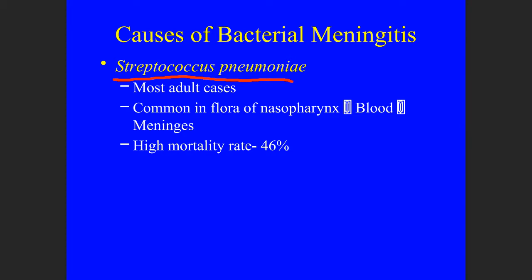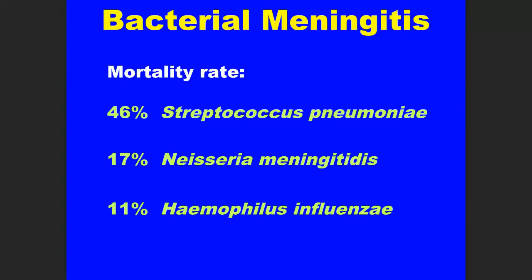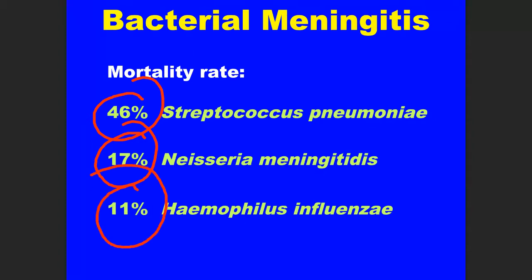And out of all of the cases of meningitis, Streptococcus pneumoniae has the highest mortality rate. This one has a mortality rate of about 46%, when compared to Neisseria meningitidis, which has about 17%, and Haemophilus influenzae's mortality rate is 11%.